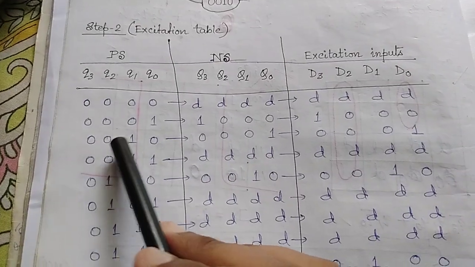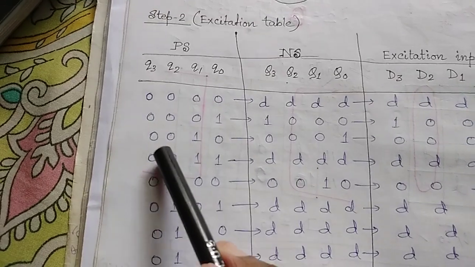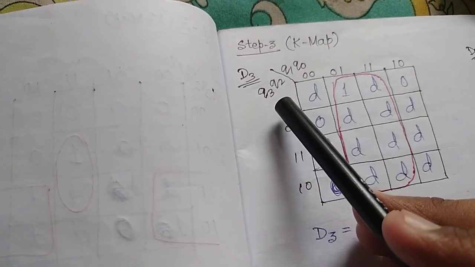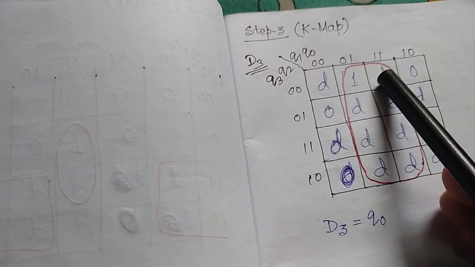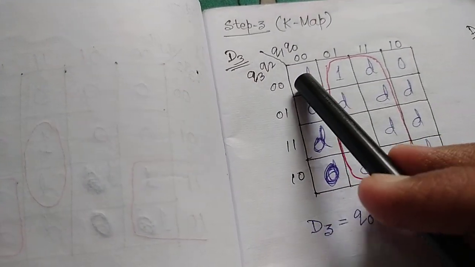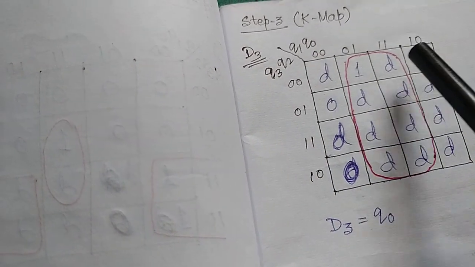After that 0010, it is 0. Then 0011, it is D, and again D. So I have filled up that column as D, 1, 0, D.